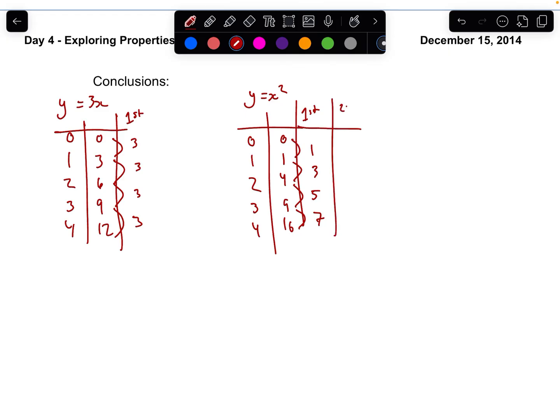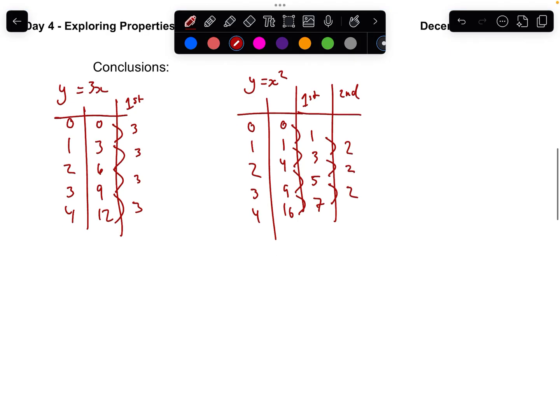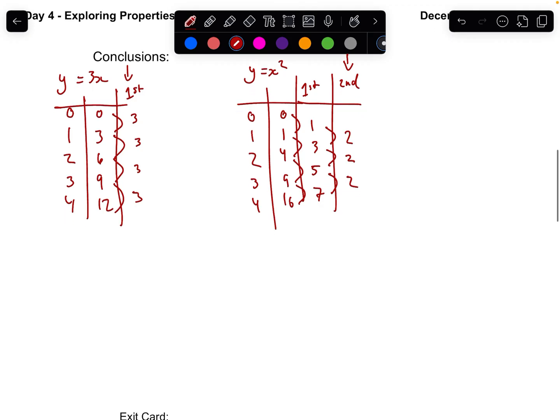They're not the same, but when we do our second differences, we get 2, 2, 2. So if it's quadratic, our second differences are the same. If it's linear, our first differences are the same. When we get to grade 12 and we see a cubic, the third differences will be the same.